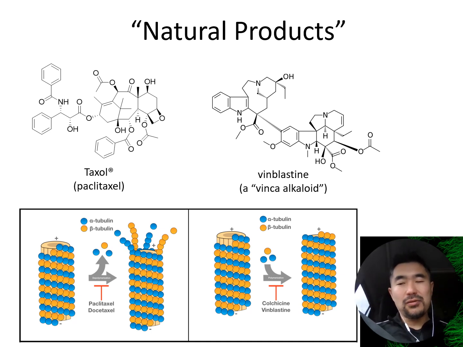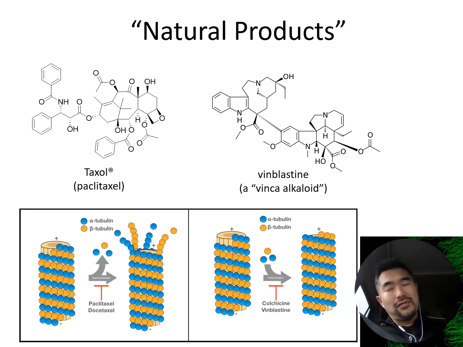And microtubules, if you didn't know, are the sort of hair-like structures that sometimes you can see with a light microscope that I'm sure you've seen before, especially during mitosis, right? Those hair-like structures are pulling the chromosomes apart for cell replication.